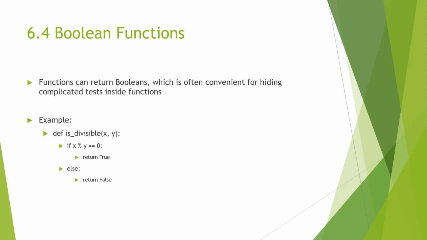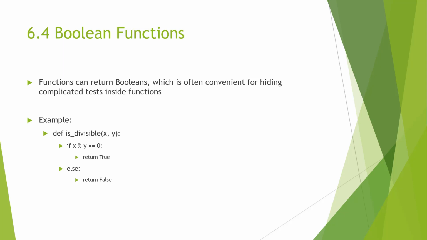So here we have a definition, a function, is divisible. Essentially we're comparing two numbers, and if x modulus y is 0, then we know it's divisible. Else we're going to have it flagged as negative.